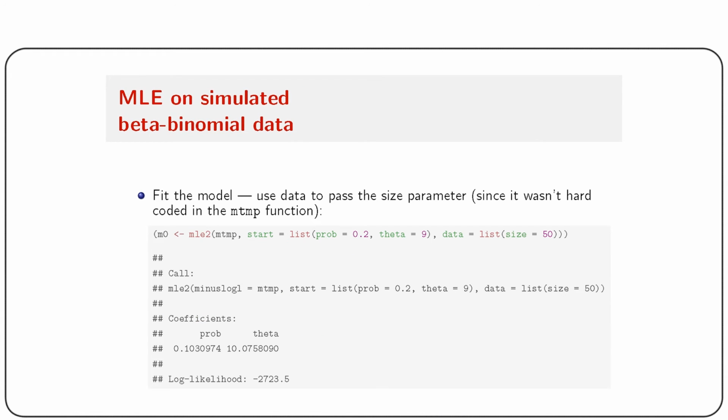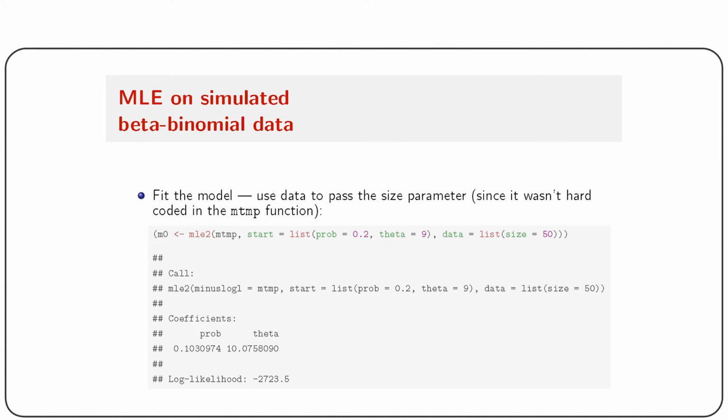Then fit the model, using data to pass the size parameter like this, say m0 = mle2(mtmp, start = list(prob = 0.2, theta = 9), data = list(size = 50)), and this will give you the results.